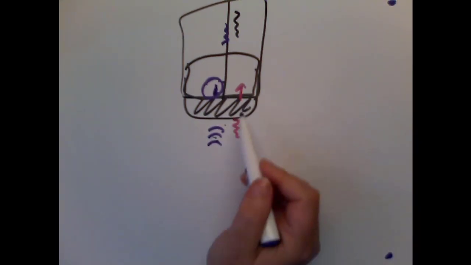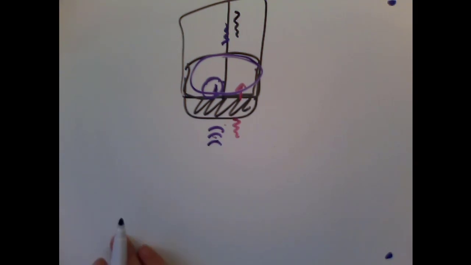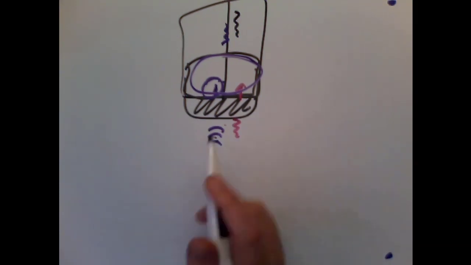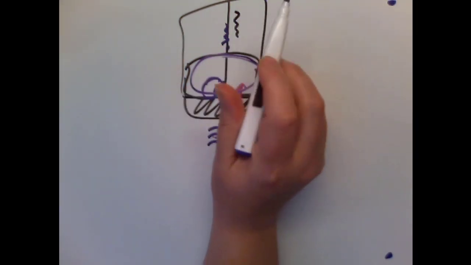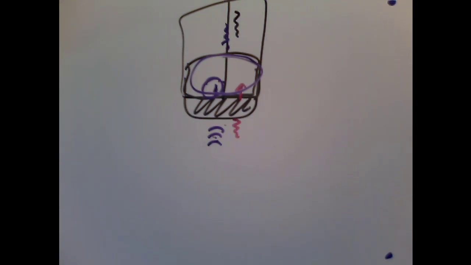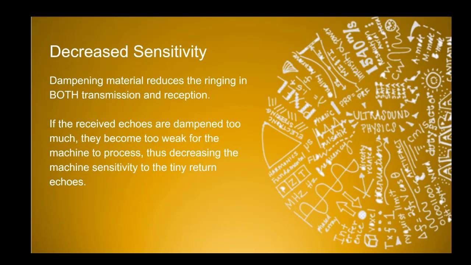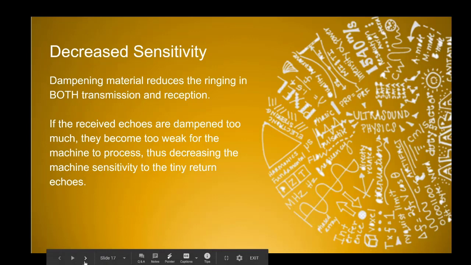If the backing material absorbs a good chunk of that, then what actually makes it into the wire and back to the machine is going to be very tiny. The weaker these echoes are, the weaker our final electrical voltages, and that makes sense then why we would be less sensitive to those very weak echoes. So backing material reduces the sensitivity of the transducer.